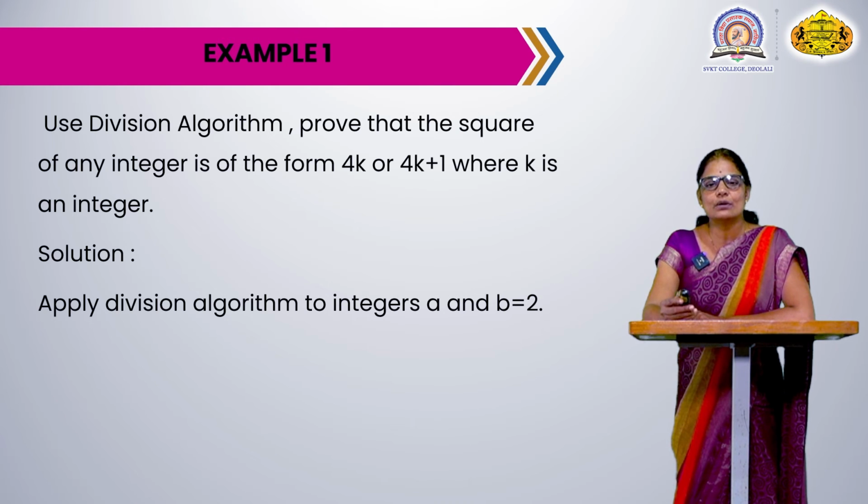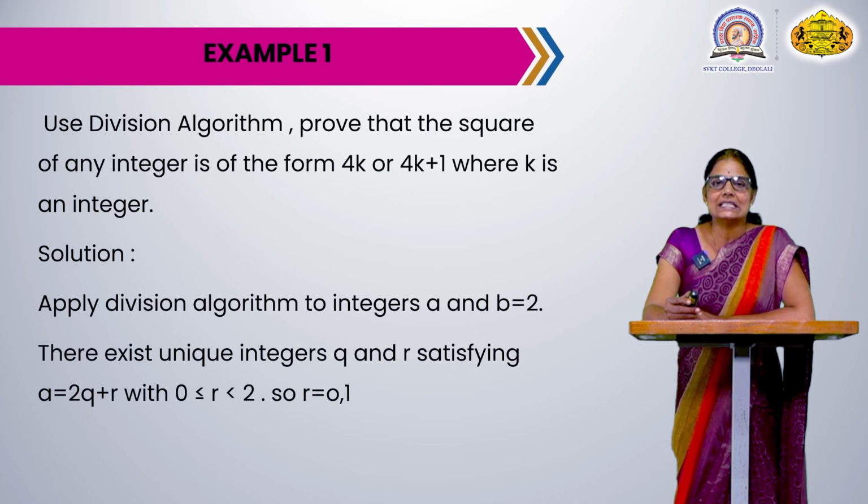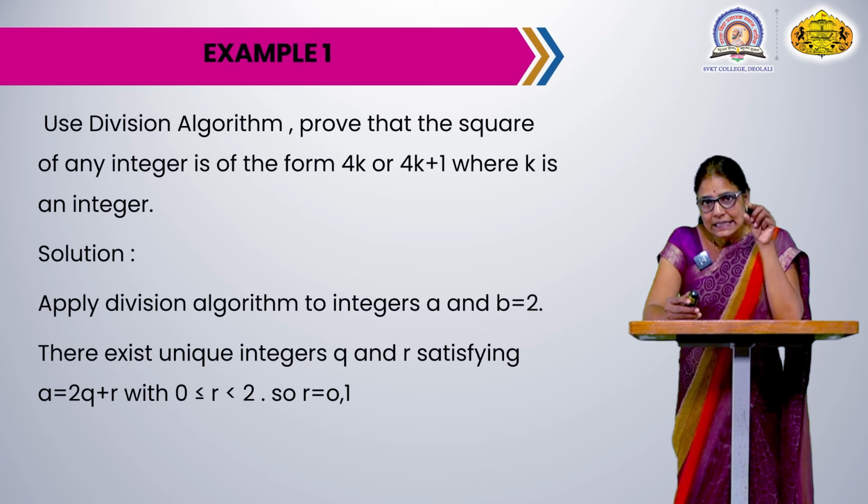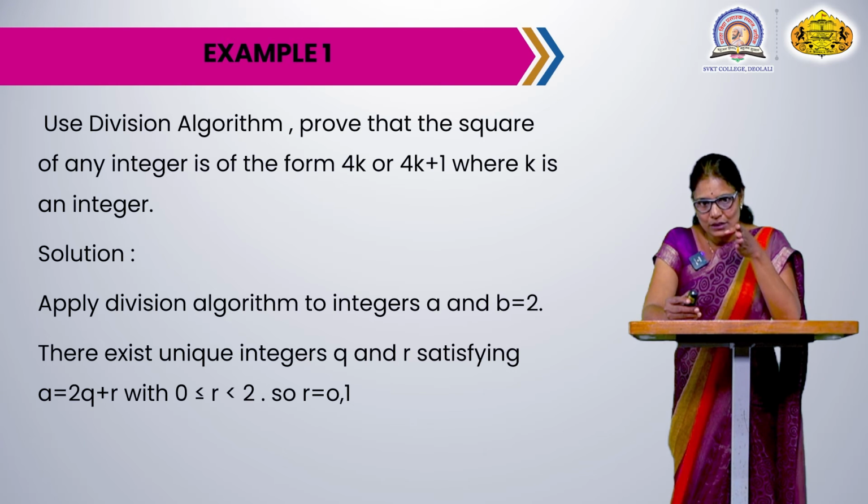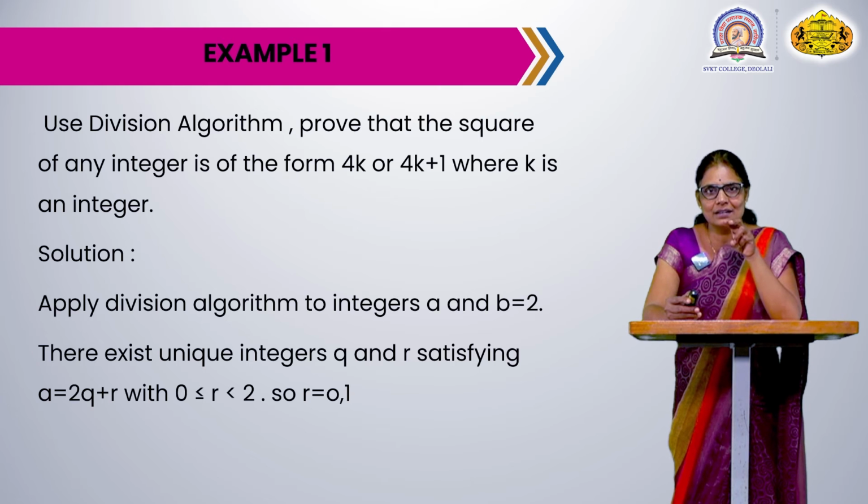So by division algorithm, there exist unique integers q and r satisfying the equation a is equals to 2q plus r, with 0 less than or equal to r less than 2. So r is an integer which is greater than or equal to 0 and strictly less than 2. So only two integers are there, one is 0 and one is 1.